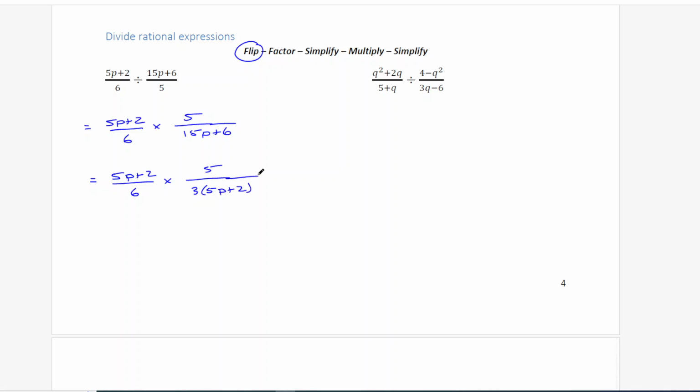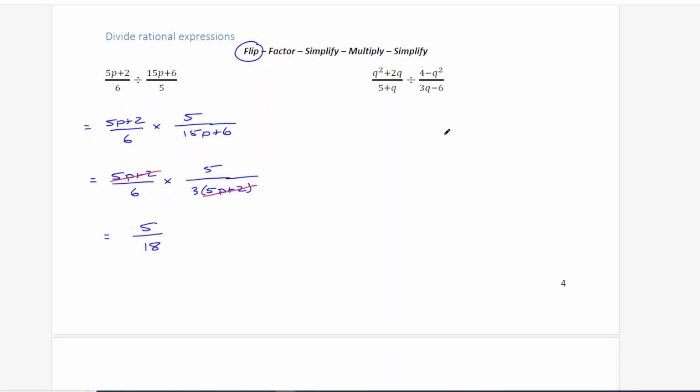These ones should give you good feelings. I find all of 6.1, if you factor incorrectly, you'll be like, nothing simplifies. Whereas if you factor correctly, then you'll notice that something goes. So for this one, 5p plus 2 divided by 5p plus 2 is 1. I'd be left with 1 times 5 is 5 over 6 times 3 is 18.